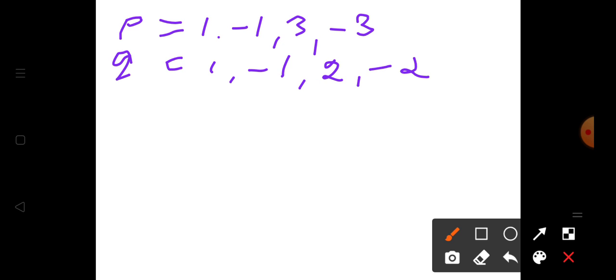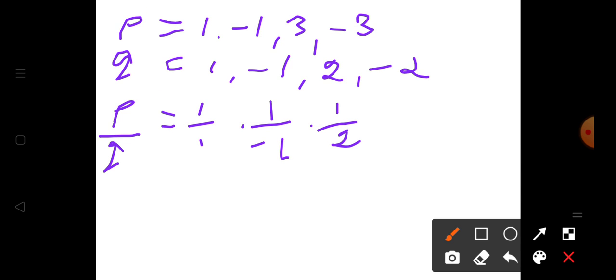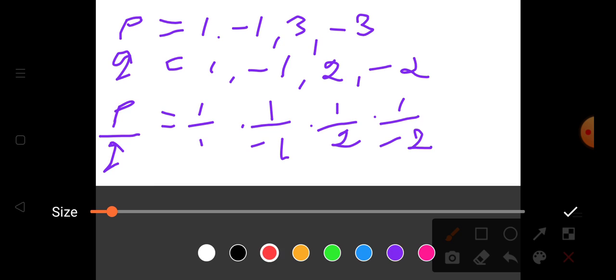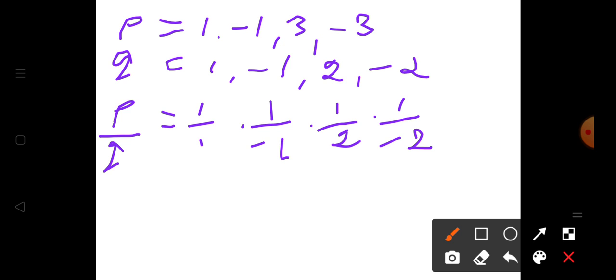Now we find the p/q values. First, taking p equal to 1, we get 1/1, 1/(minus 1), 1/2, 1/(minus 2).